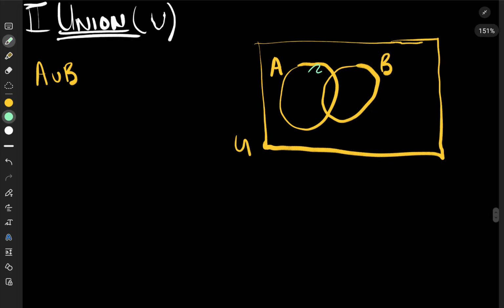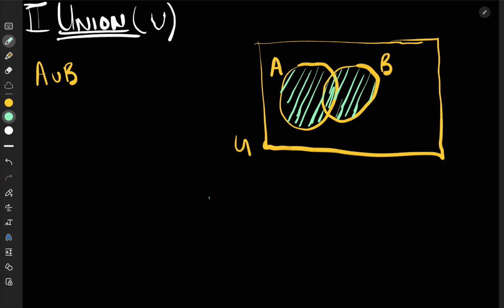If they say they want A union B, they want everything which is in A and in B. So we'll shade this whole region. This is A union B. You are putting something that is in A or in B or in both.